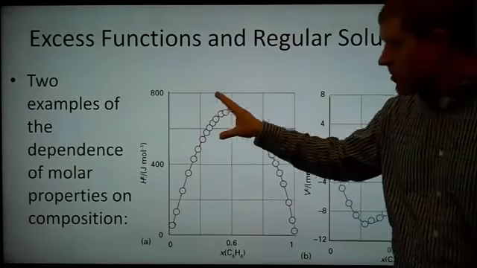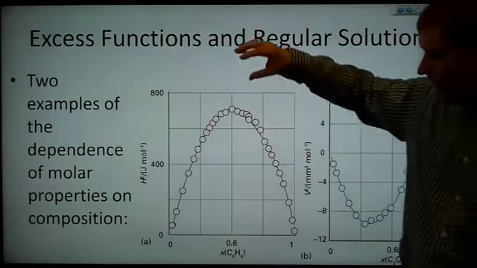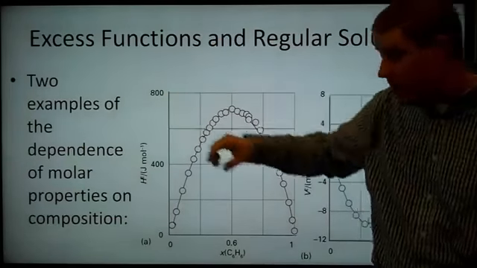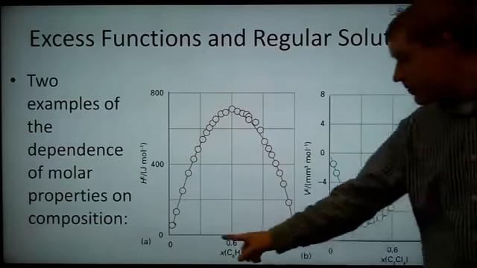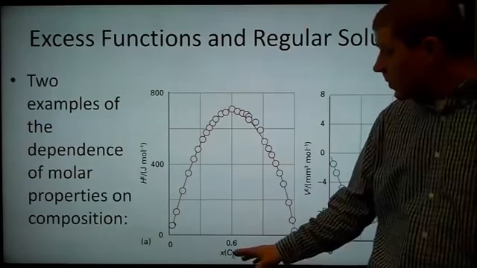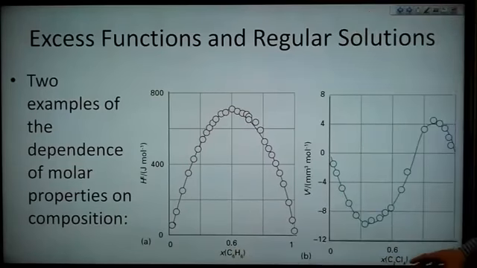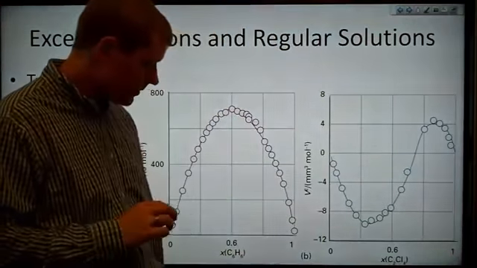Alright, so 2 examples of the dependence of molar properties on composition are listed here. Here we have the excess enthalpy, and here we have the excess volume as a function of mole fraction. Here we have benzene, and here we have the mole fraction of tetrachloroethene.